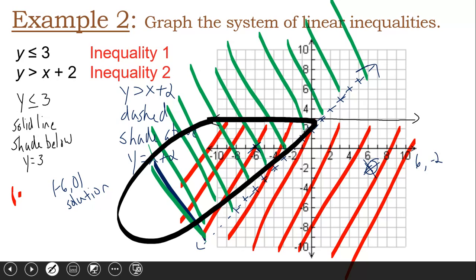It needs to be in the overlapped region in order for it to be a solution. And again, any point that's in that double shaded area is a solution to the system of inequalities.